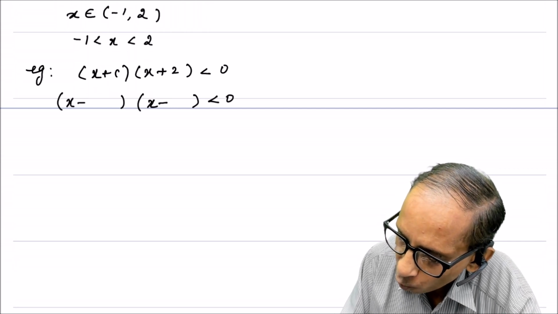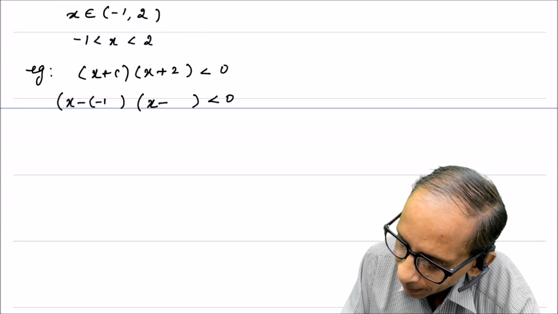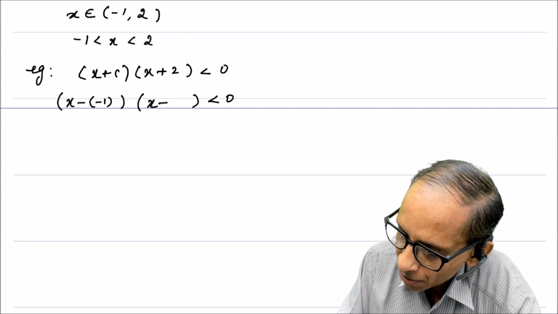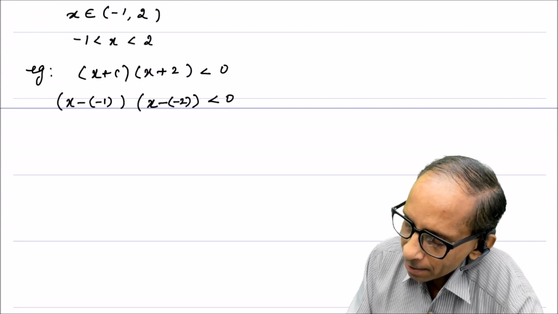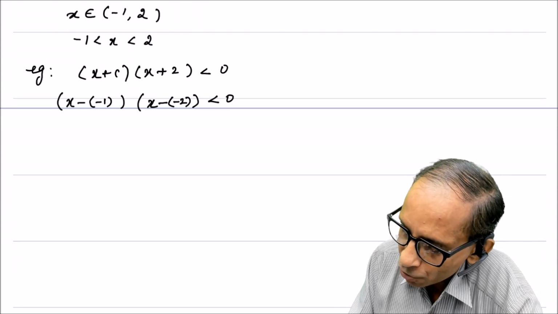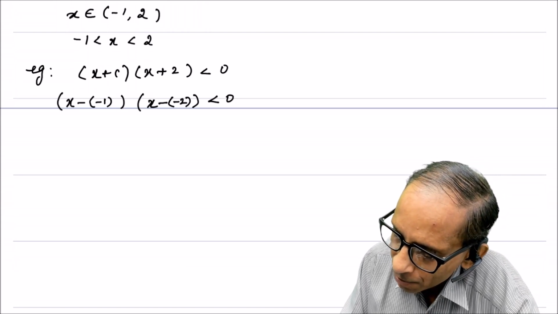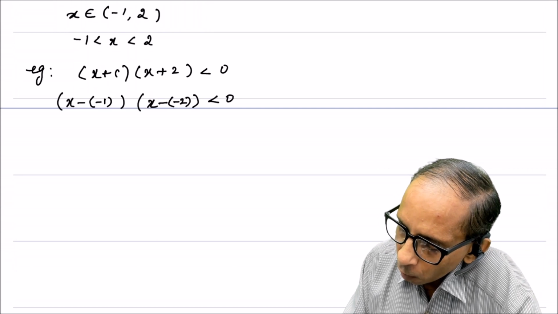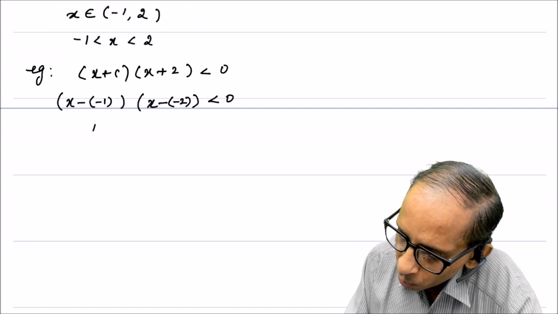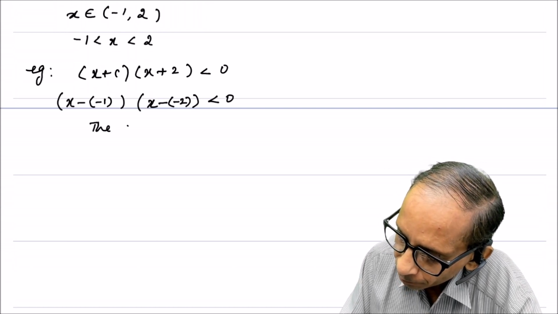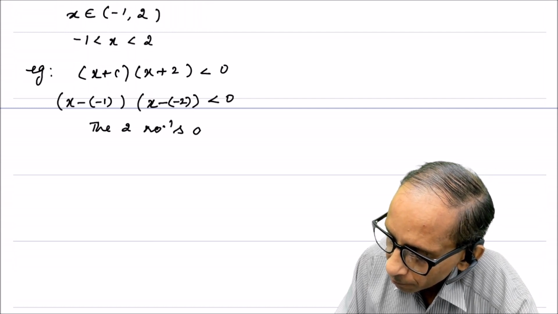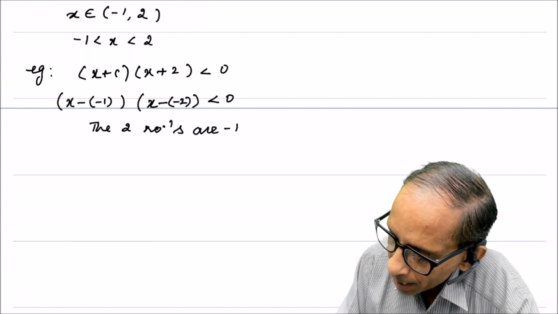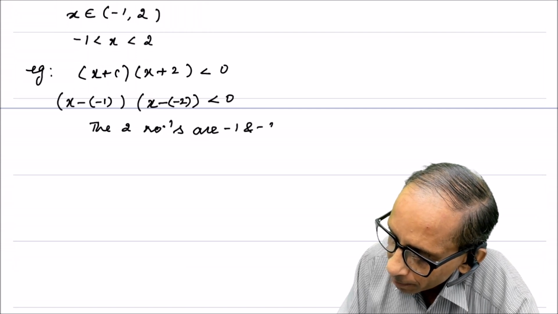So that forces us to write it as x minus minus 1, and the second bracket we have to write it as x minus minus 2. Once we have done this, what we have to see is the two numbers are minus 1 and minus 2.